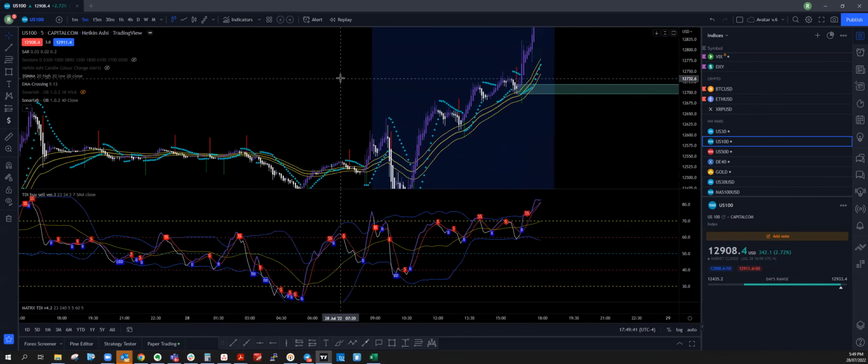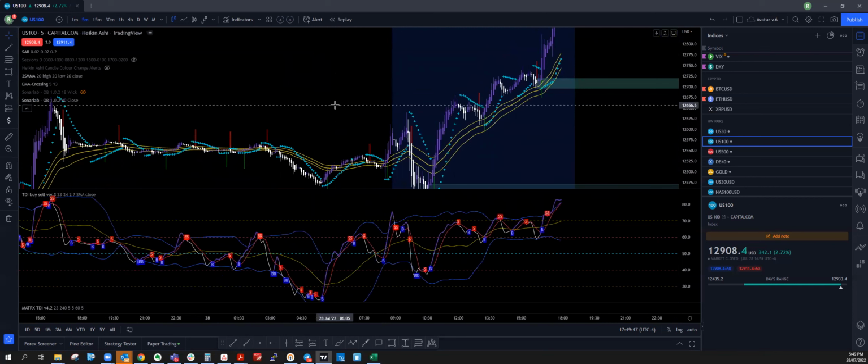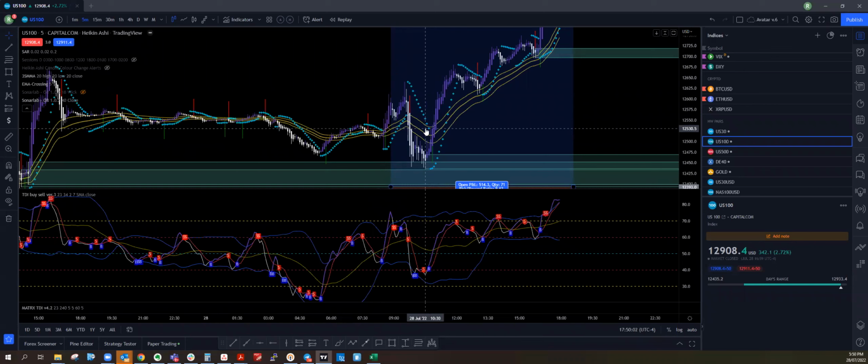So the channel helps to identify direction, and it also is a nice place for re-entries. If you miss an entry for a buy, it's a strong trend run, and you're like, man, I missed it, but I don't want to chase, and then it pulls back on me.